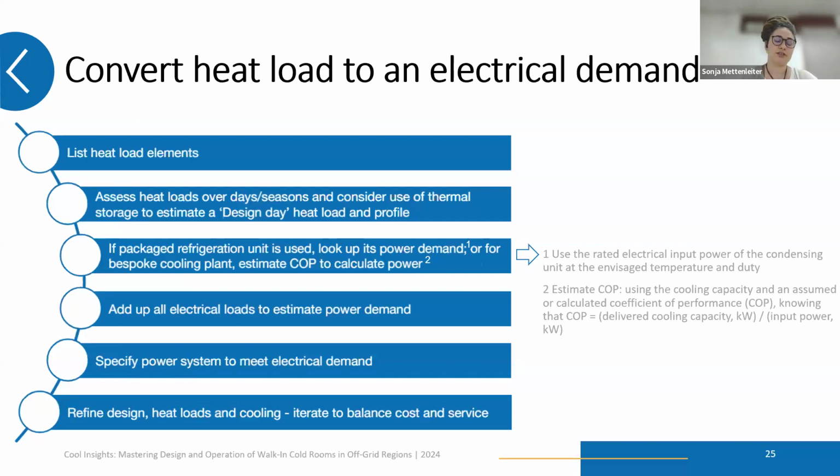If the refrigeration system that we're using is a prefabricated one, it's easier because then you just look up the electrical input power of the condensing unit at your target temperature and for your use case. If not, then you have to estimate the coefficient of performance to calculate the power. Then you add up all the electrical loads: your refrigeration unit, your lights, and all other electrical appliances that you have.